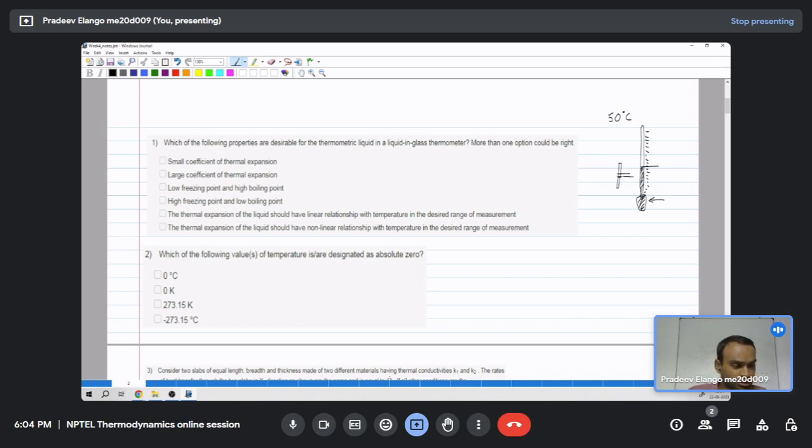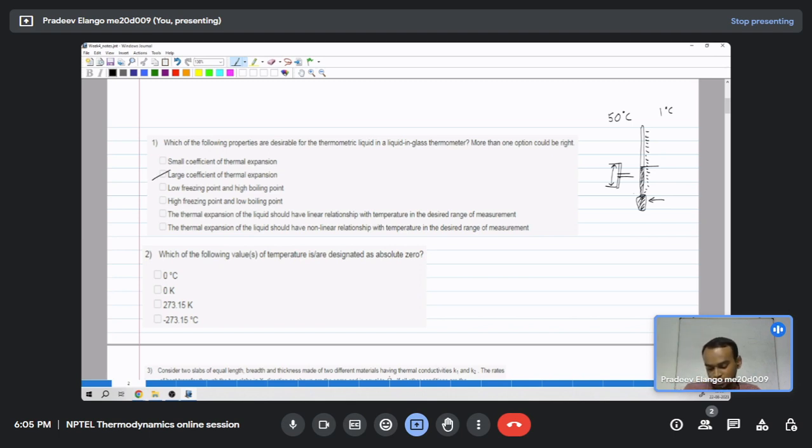For high resolution of the instrument we need a very high thermal expansion, so that even for 1 degree Celsius we have a very big change in volume, seen as a very large variation in the liquid level. So the coefficient of thermal expansion should be very large.